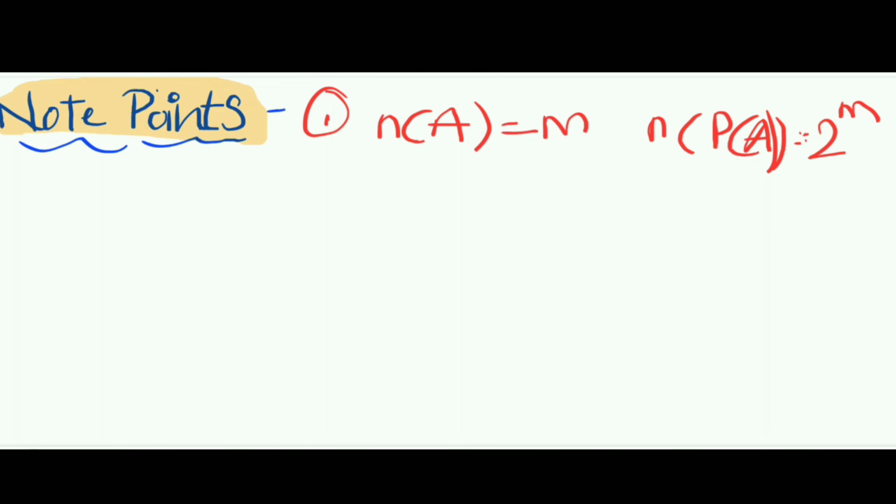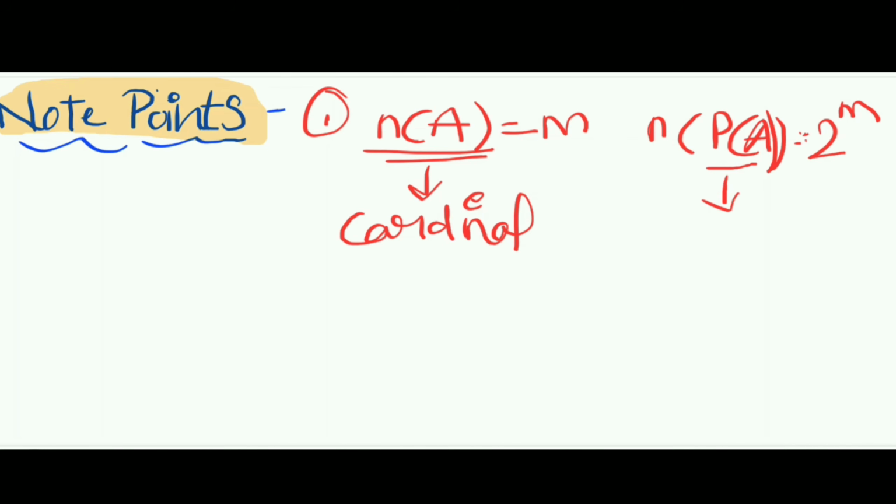So what is this? First we have to know all the terms. What is n of A? It is the cardinal number of the set. Cardinal number of a set. And what is P of A? Just now we discussed that it is the power set.